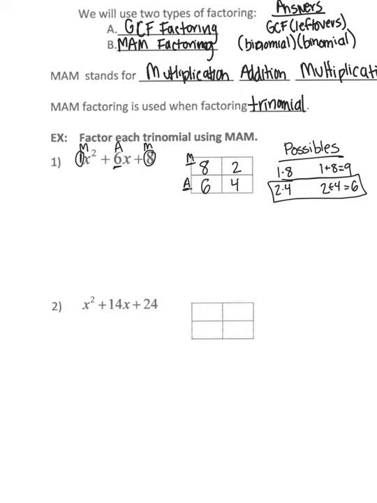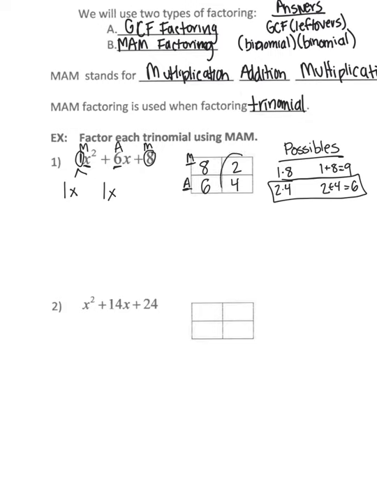These multiply to give me 8, and they add to give me 6. Then my next step is I'm going to take my numbers and create fractions. So the way it works is I take this number, my first coefficient, 1 and 1, and I'm going to split up my variable. So if I've got x squared, that means 1x goes here, and 1x goes here.